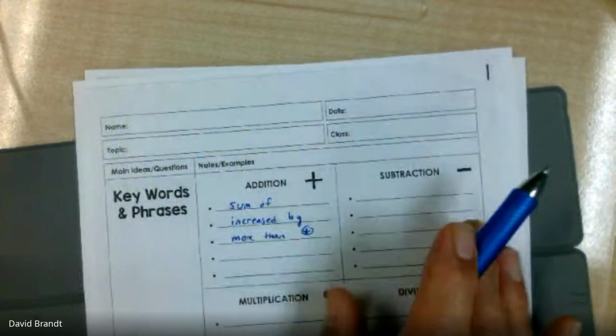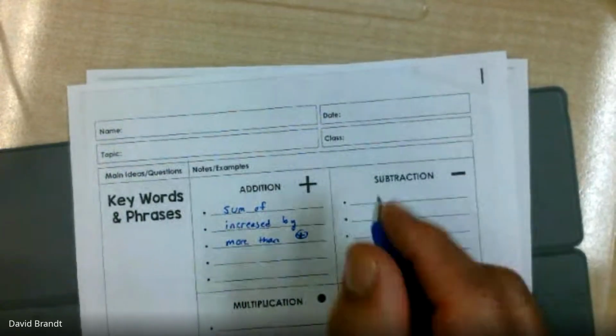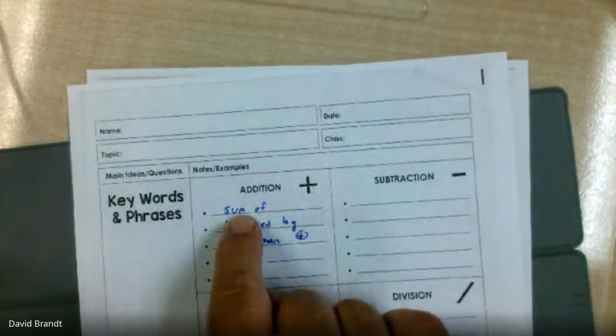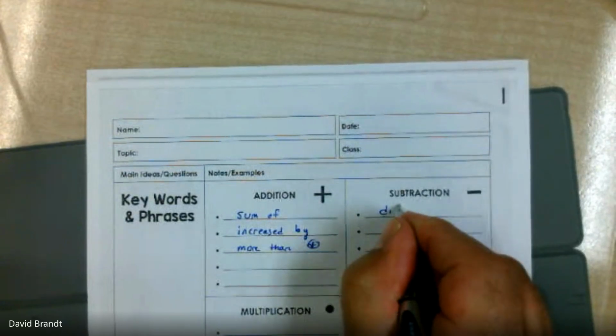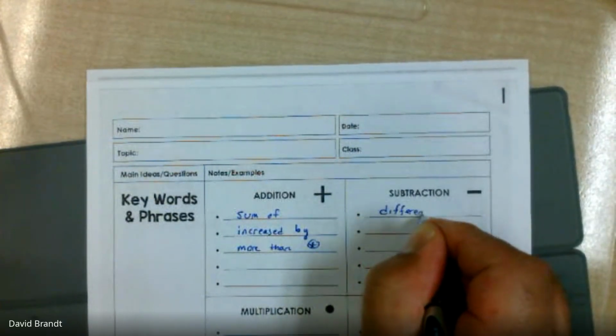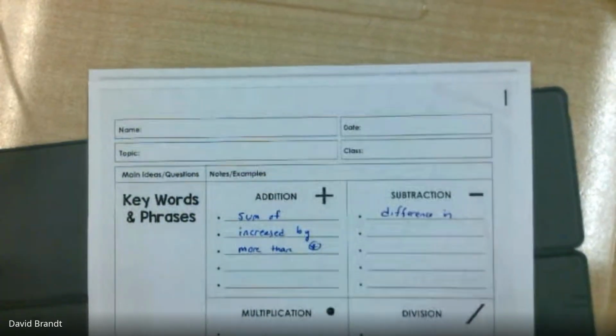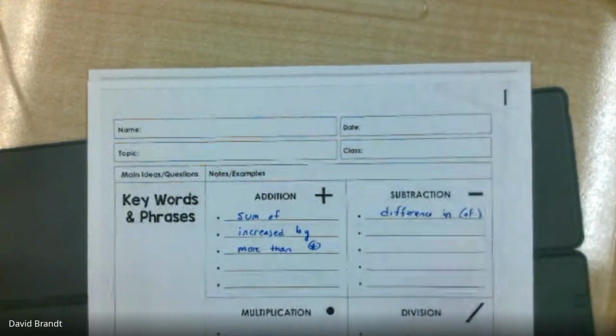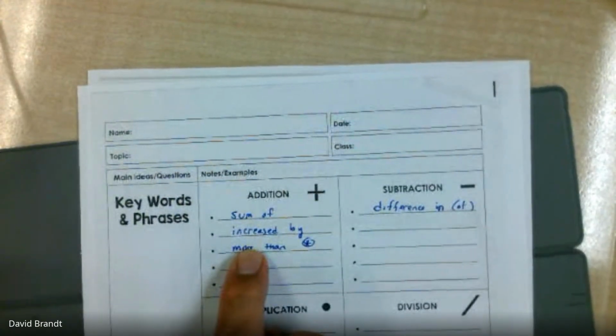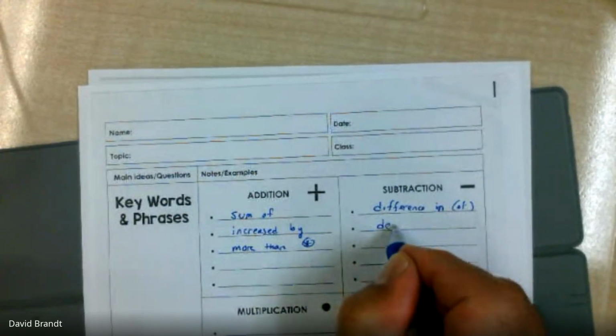Now, subtraction has some corresponding ones as well. If you think sum of, what will be the corresponding word for subtraction? That would be the difference of, or more commonly, the difference in. Difference means subtraction. Difference in or difference of could be either one. Now, instead of increased by, subtraction is decreased by.